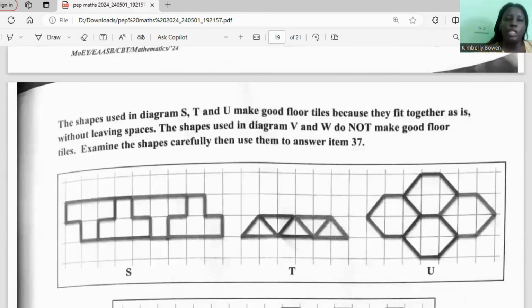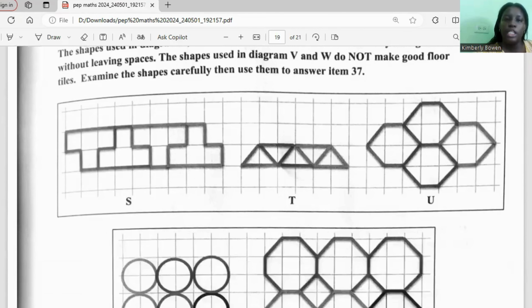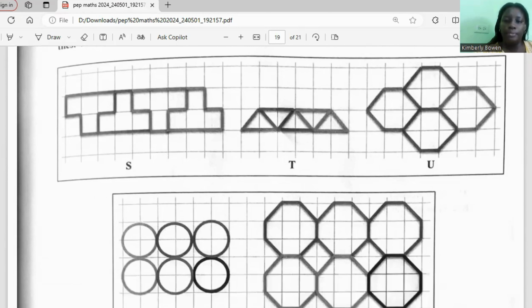The shapes used in the diagram S, T, and U make good floor tiles because they fit together as is without leaving spaces. The shapes used in the diagram B and W do not make good floor tiles. Examine the shapes carefully, then use them to answer item 37.